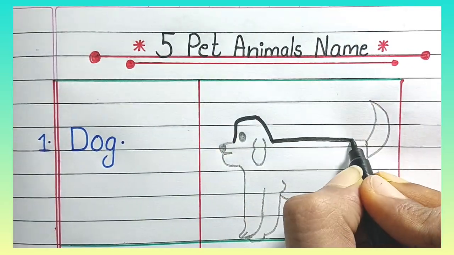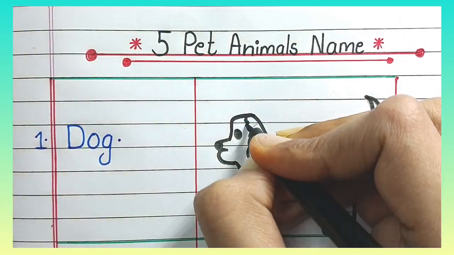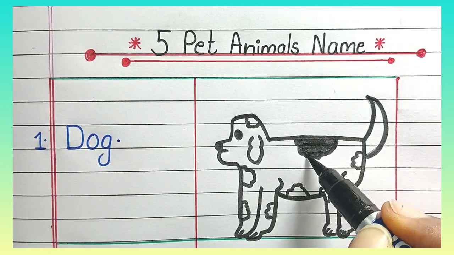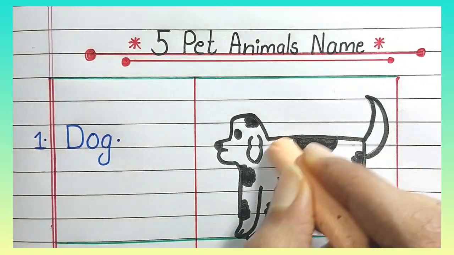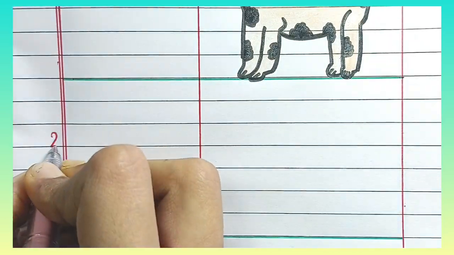Now I am going to do black sketching with a black sketch pen, and I am doing black color and skin color to the dog.